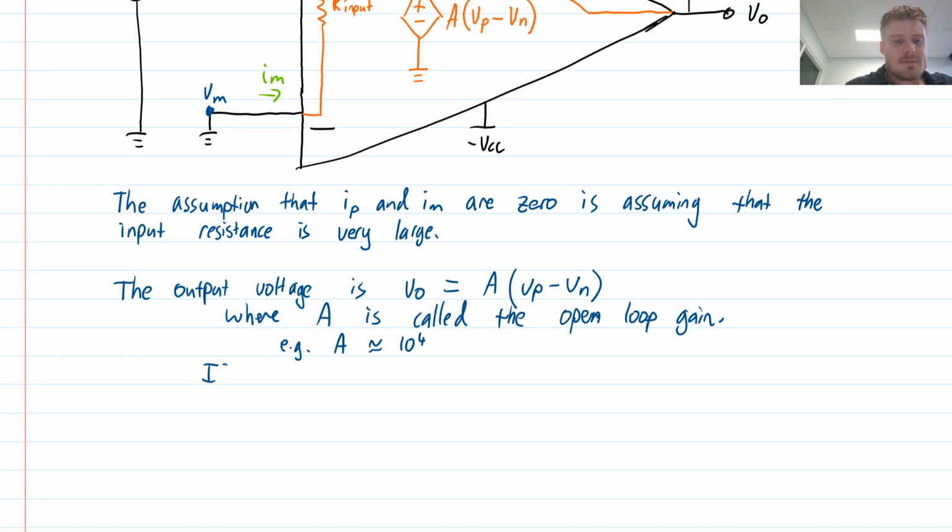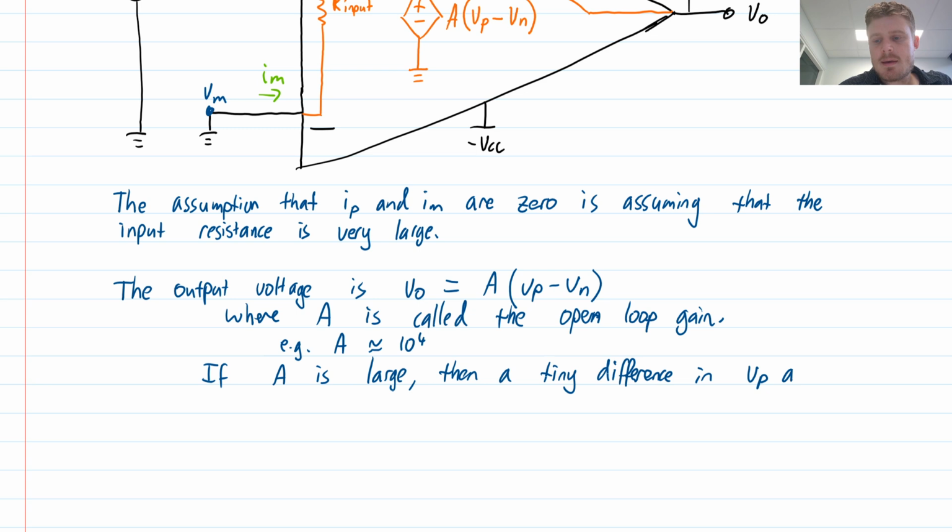So if A is large, then a tiny difference in Vp and Vn will drive a large output voltage, V out.